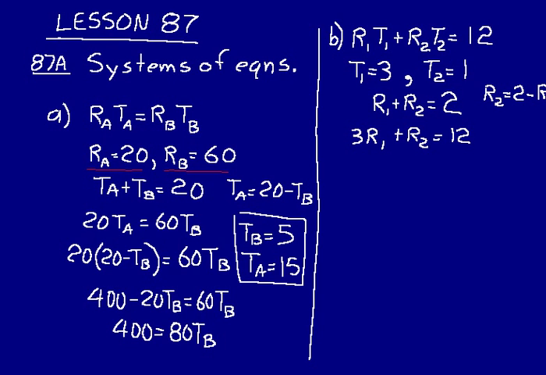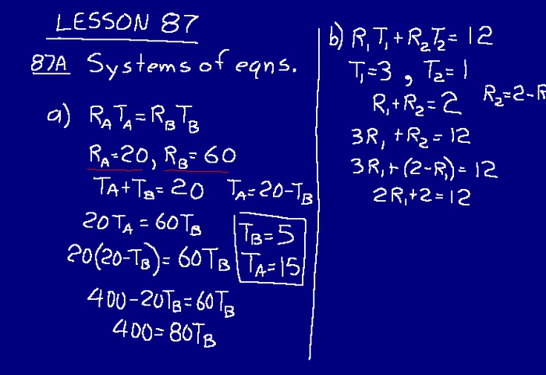And let's substitute that in now. 3R1 plus parentheses 2 minus R1 equals 12. Now let's go ahead and simplify on the left. So we'd have a 3R1 and a negative R1 would be 2R1 plus 2 is equal to 12.